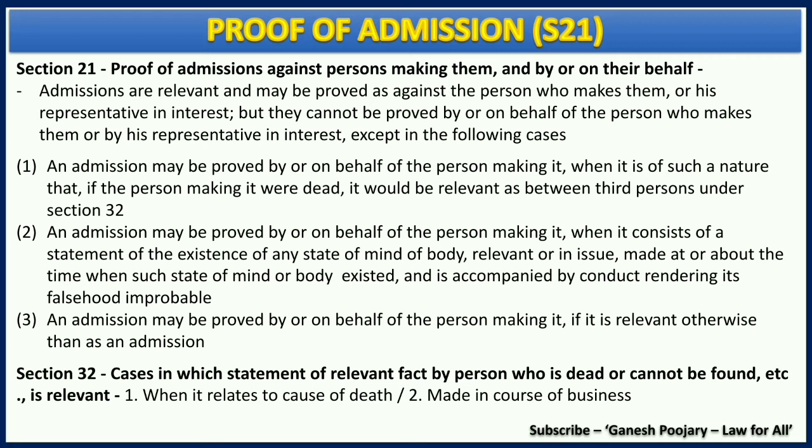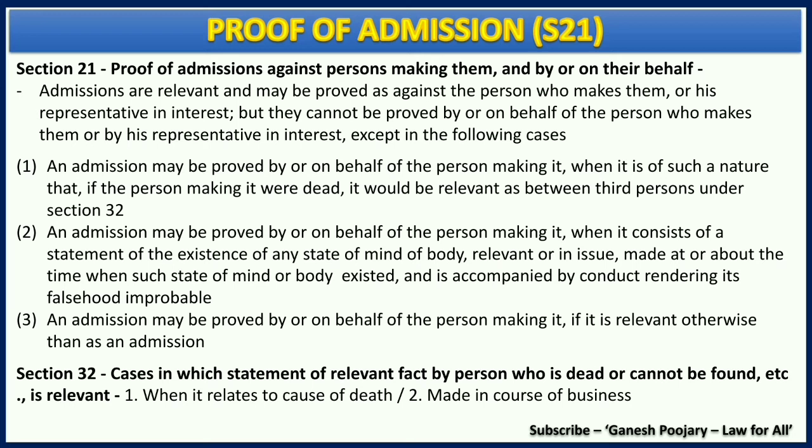Basically, what does it say? Admissions can be made against the person who is making them or the interested parties who are making them, and in general circumstances they cannot be made in favor of the party which is making them or any of such interested parties.